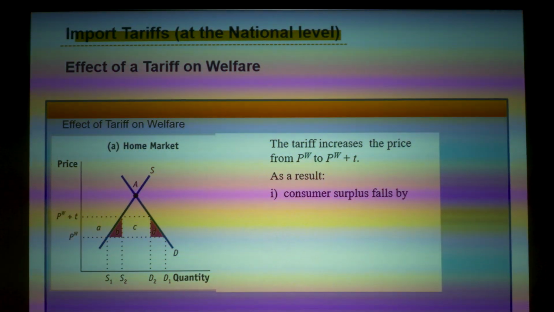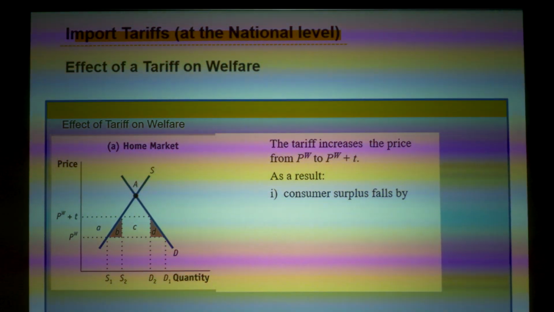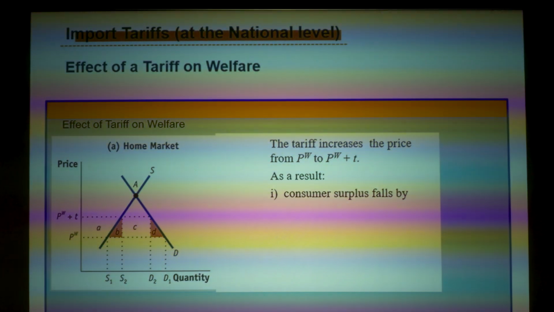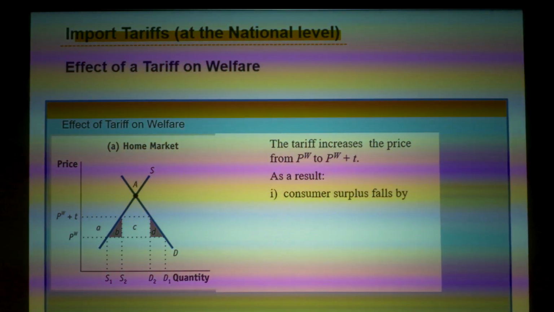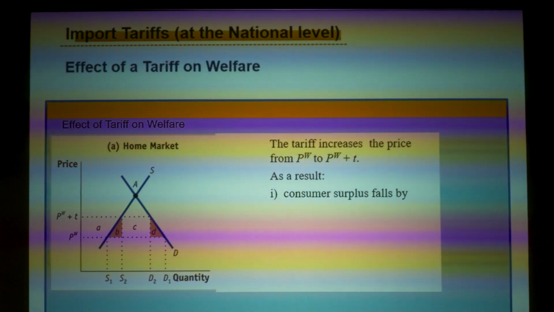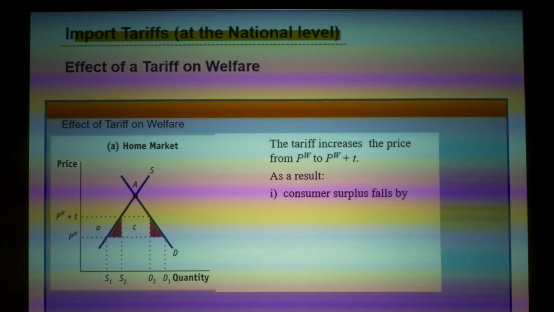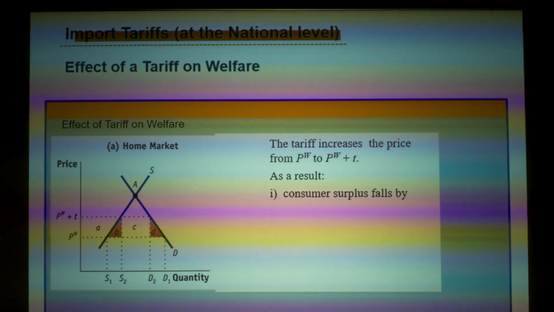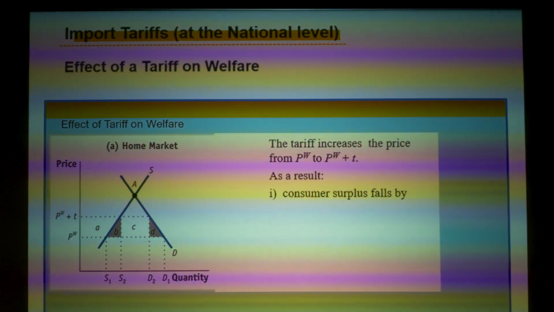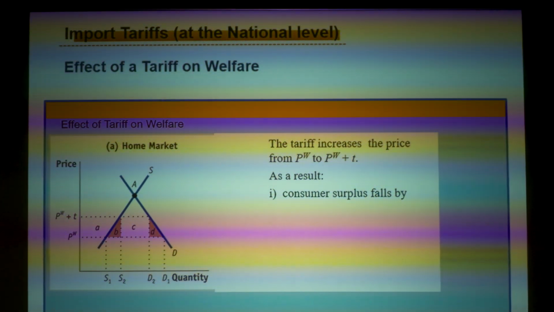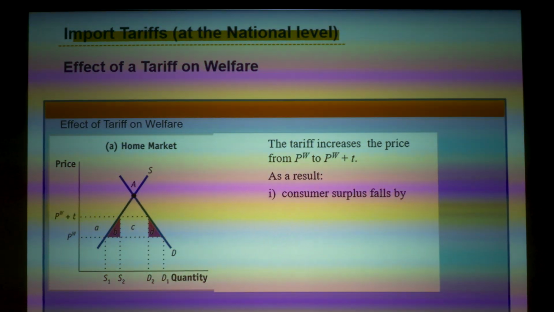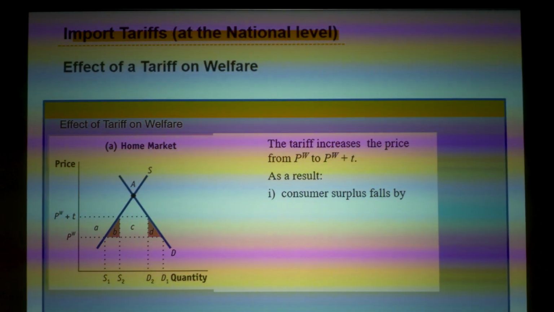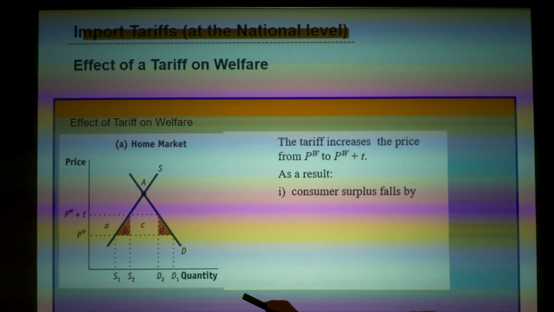In terms of these areas, A plus B plus C plus D. What's the fall in consumer surplus? A is a good start. A is an excellent start. A is included in the fall in consumer surplus, right? What is A? It's that increase in the price.